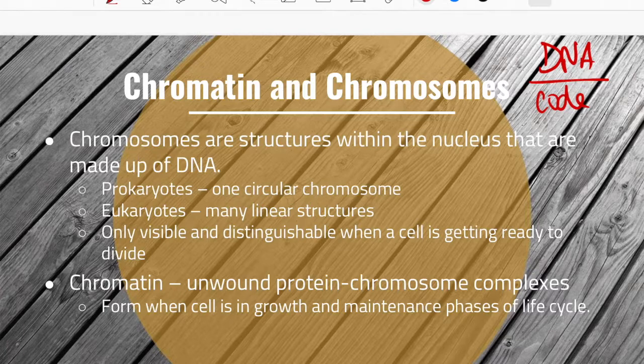So chromosomes are structures in the nucleus made up of DNA. Like I said earlier, prokaryotes have one, eukaryotes have many. Humans have, do you remember? Humans have 46. You only see chromosomes when a cell is getting ready to divide. So the chromosomes are compacted.